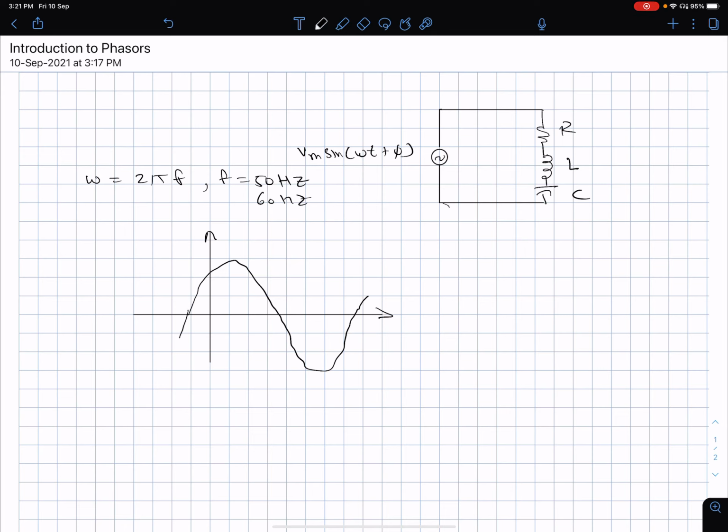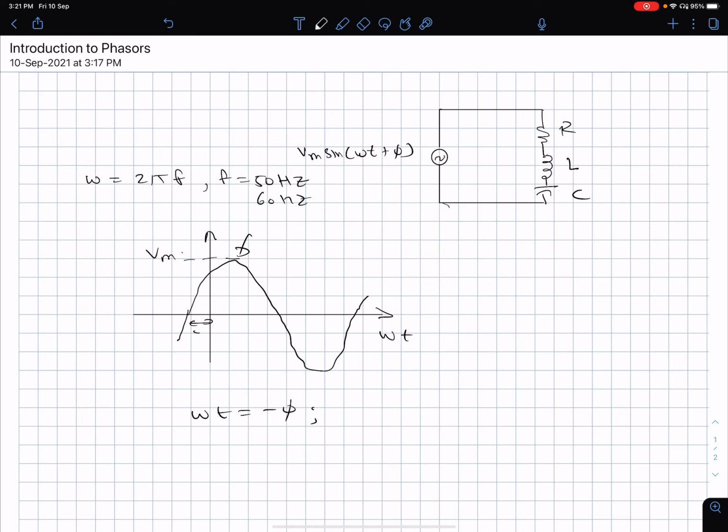And it goes on and on. So this is my Vm, and suppose this is omega t, at omega t equal to minus phi, it becomes 0.